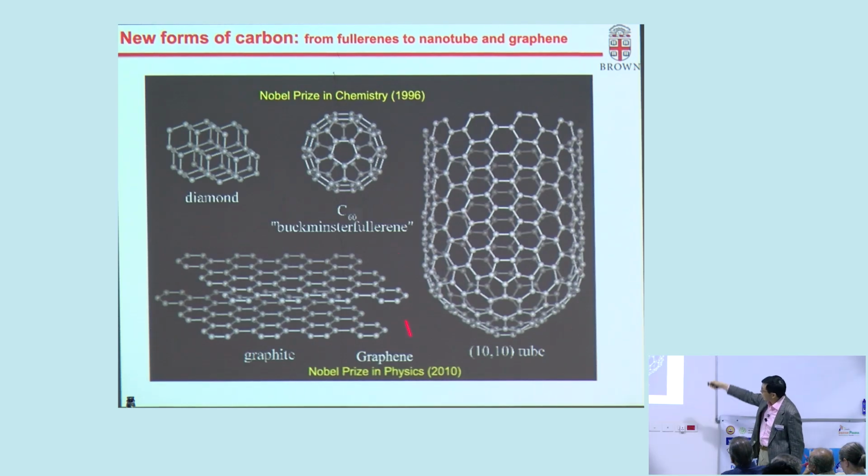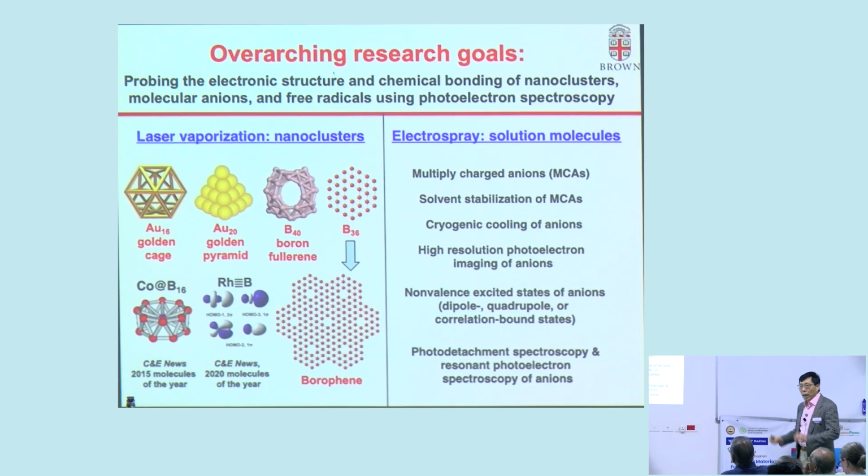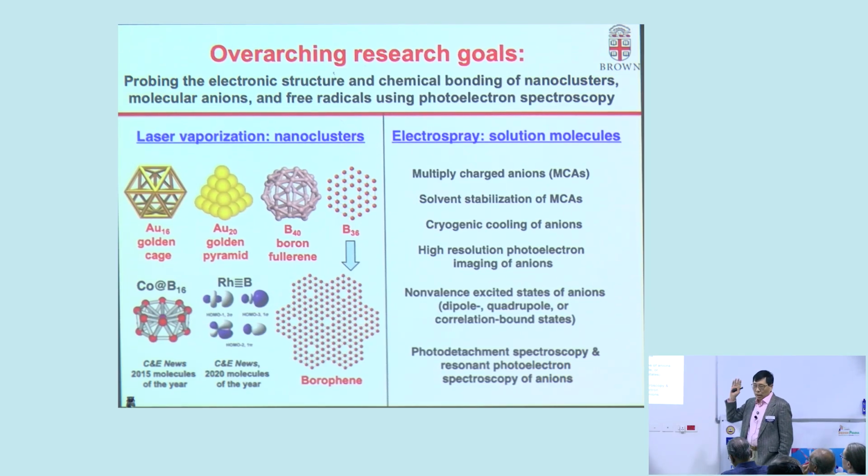These two discoveries, of course, won Nobel Prizes. Fullerene won the Nobel Prize in chemistry in 1996, and the discovery of graphene won the Nobel Prize in physics in 2010. So what are we doing? In my laboratory, we study clusters as a function of size using photoelectron spectroscopy.